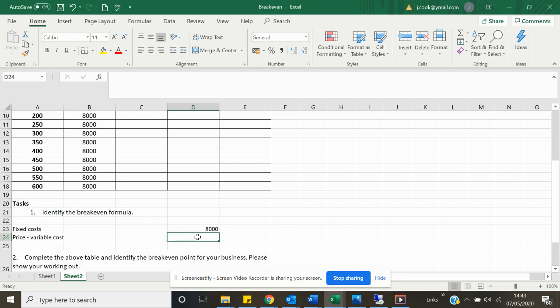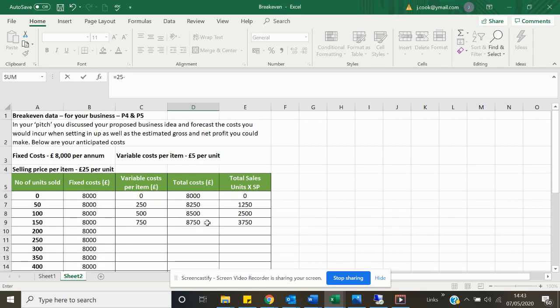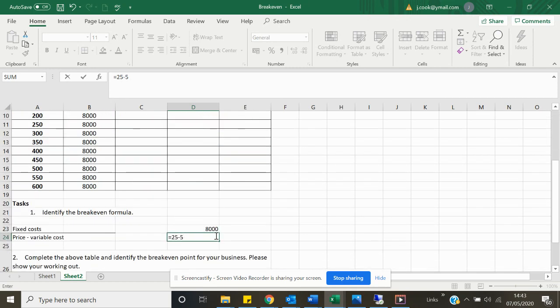We know our price is 25, so you need to do equals 25 minus the variable cost, which remember was £5. So all you do, and you don't need to be a very good mathematician, is divide your 20 into 8,000, and I'm not going to tell you the answer because I've given you enough.